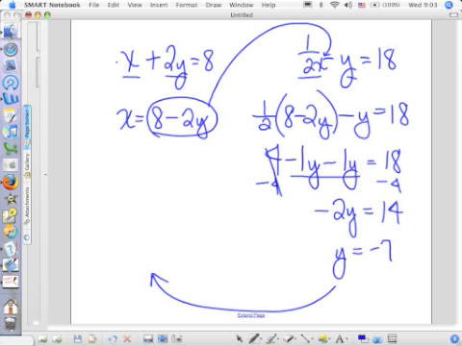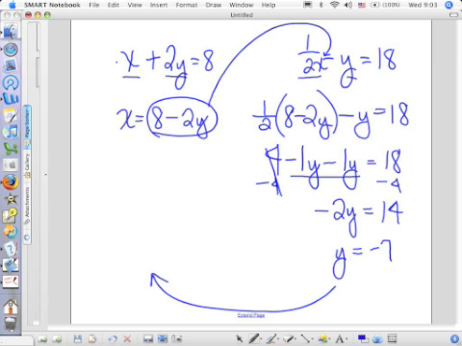Yes, ma'am. Why couldn't you use that for that equation instead of what you got for x? Why couldn't I plug this into this? I could. Actually, no, I couldn't. Because I'd just end up with 0 equals 0.